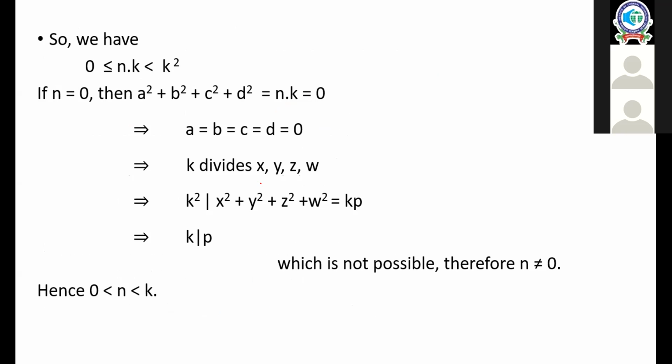So that means if k divides x, this means k divides x square, again k divides y square, z square and w square, hence it divides the sum, and the sum is equal to kp by our assumption. This means k divides p. Is this possible? No. Possible only when you are already assuming k less than p, right? Right. So k cannot divide p. Hence, n is not 0. So we have this bound here. 0 is less than n, less than k.